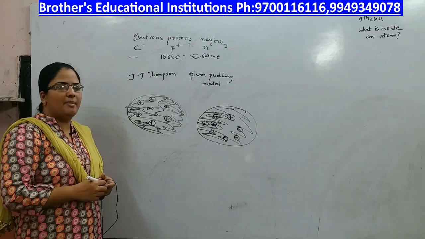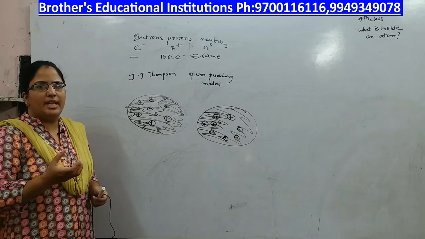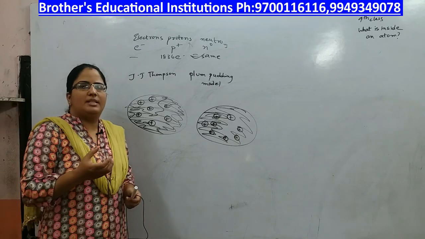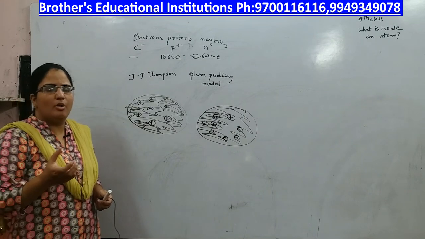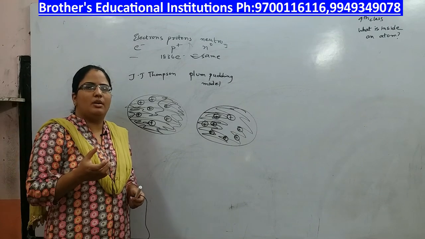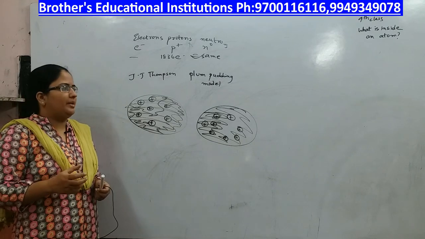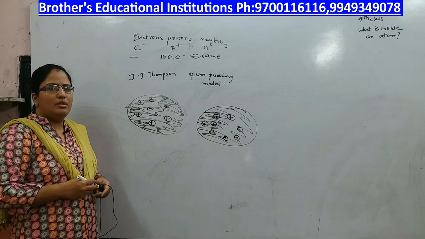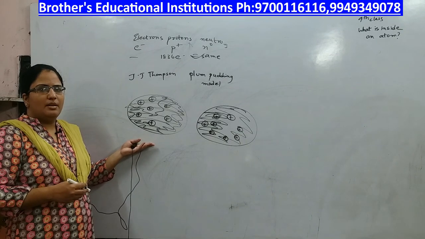This can also be compared with the plum pudding model, in which you have nuts. The nuts and fruits can be thought of as electrons. The plum pudding, the brown part, can be thought of as protons. The nuts are evenly distributed in the plum pudding. So this is how he said that an atomic model exists.